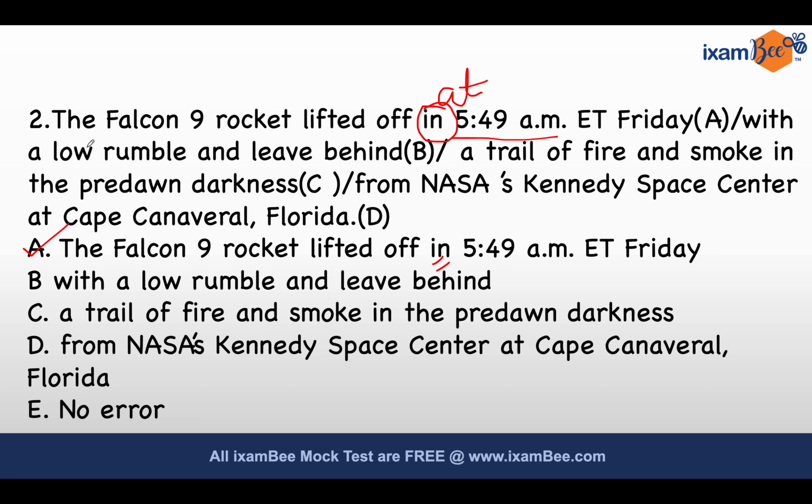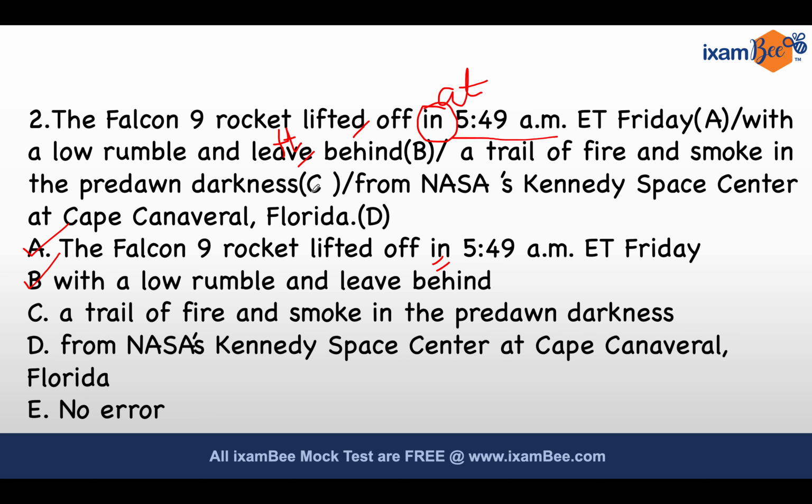With a low rumble and leave behind. Hold on. Is there tense consistency? No, the tense consistency is missing. We started off with past tense, so if we start off with past tense, we need to continue with past tense, right? So leave is incorrect. It should be left. So in that case, B also has an error.